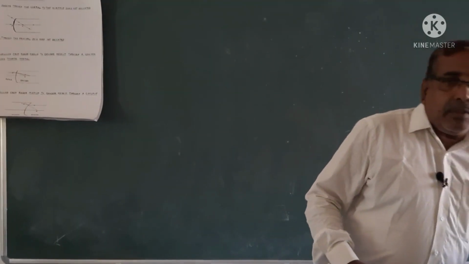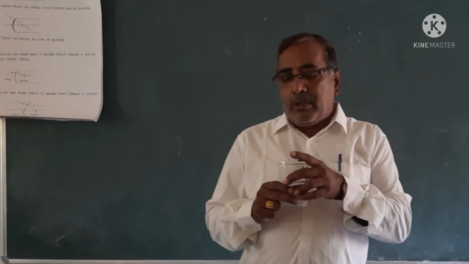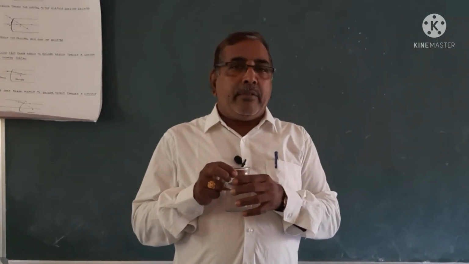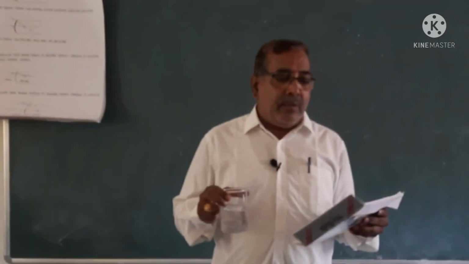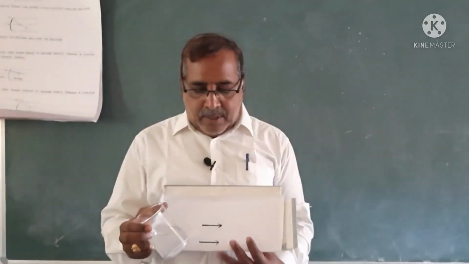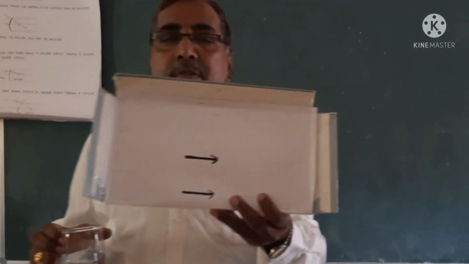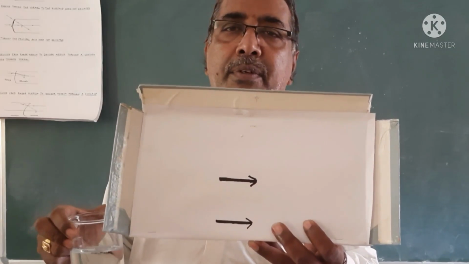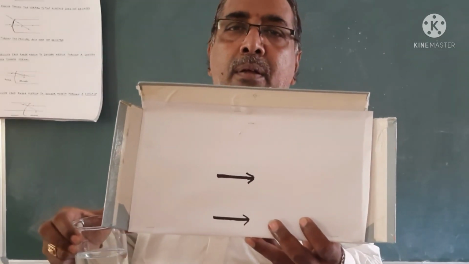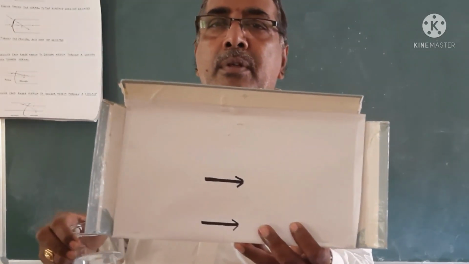Refraction through curved surfaces, we will go into the lesson through an activity. Just observe what will happen. These are two arrow marks drawn on a white paper. Both are in the same direction.